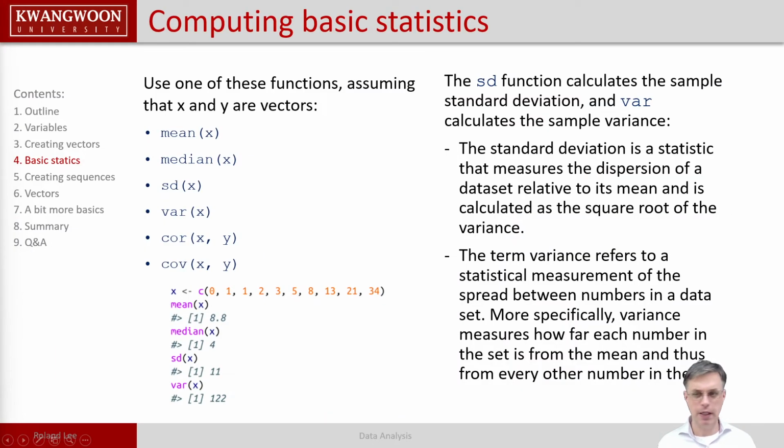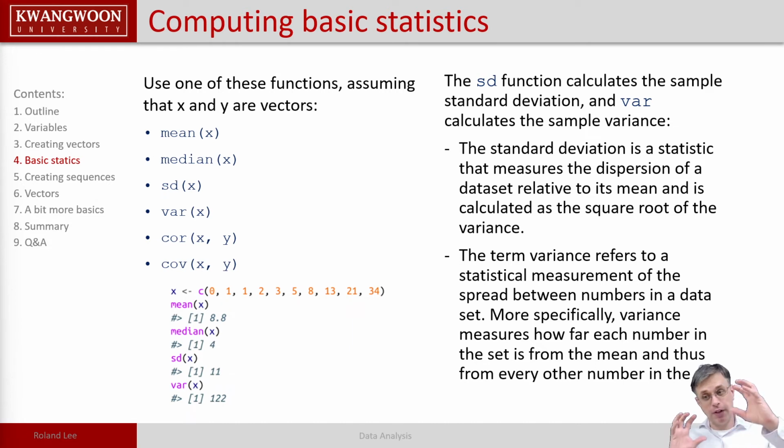Again, the standard deviation, as you can see here from Investopedia, is a statistic that measures the dispersion of a dataset relative to its mean, and it's calculated as the square root of the variance. Now, what is a variance then? The term variance refers to the statistical measurement of the spread between numbers in a data set.